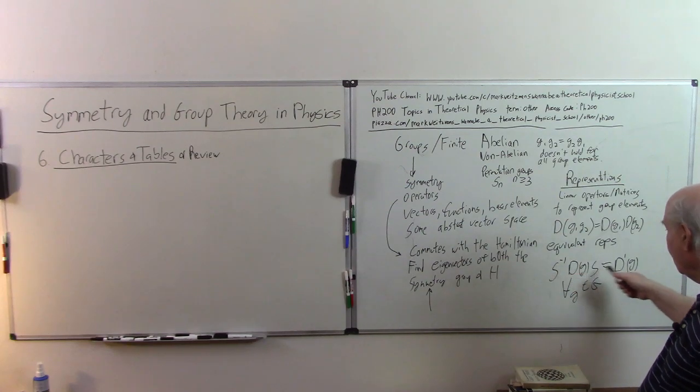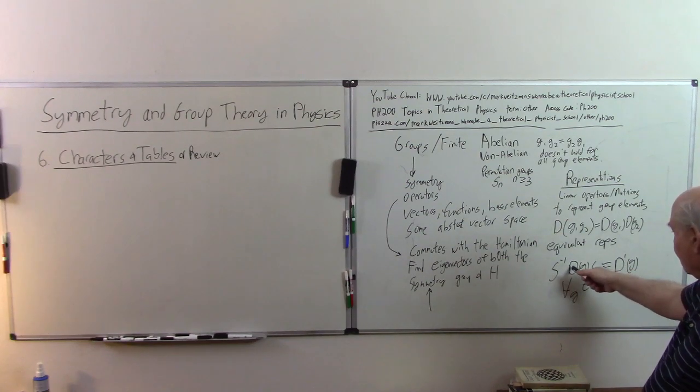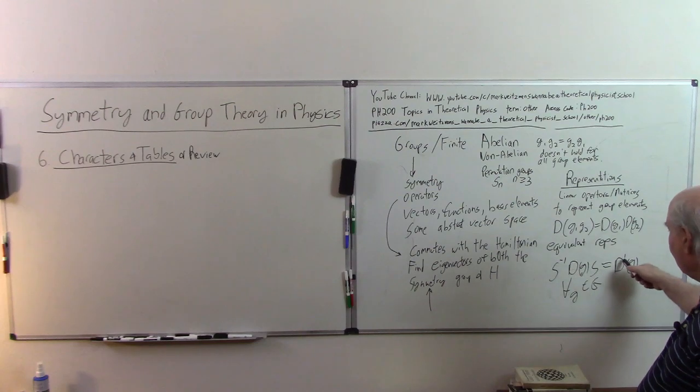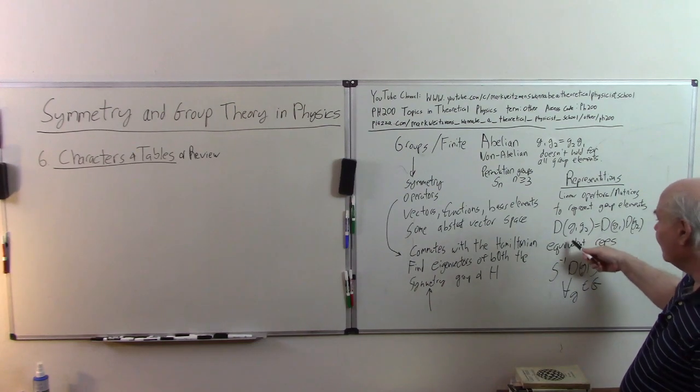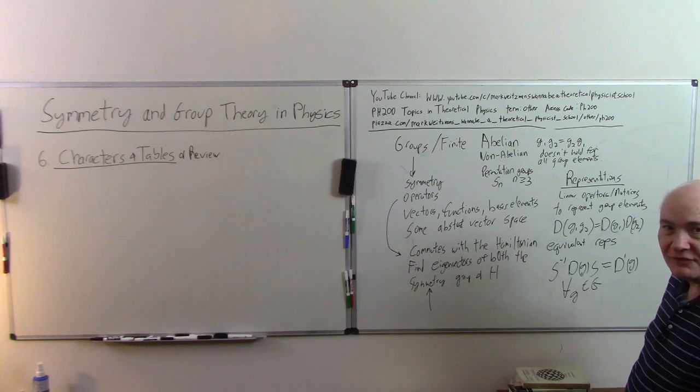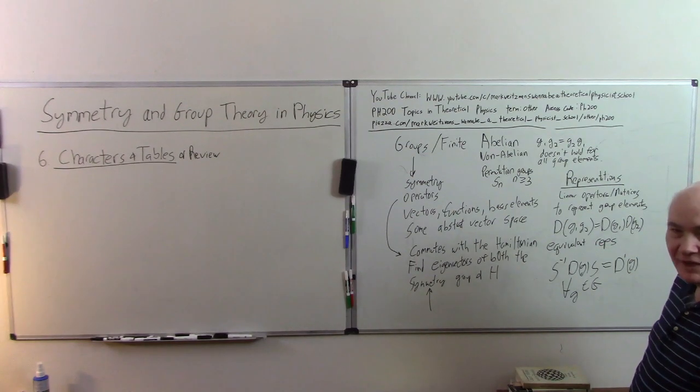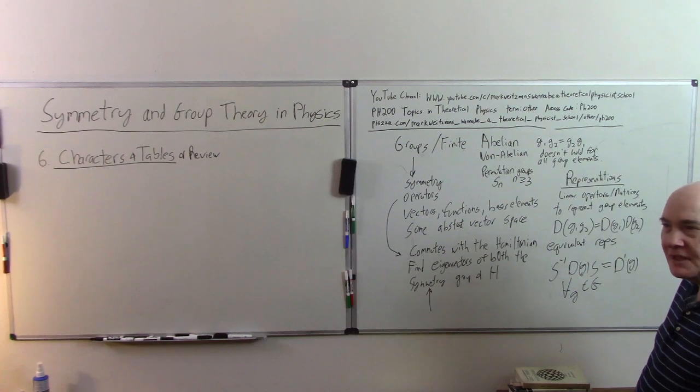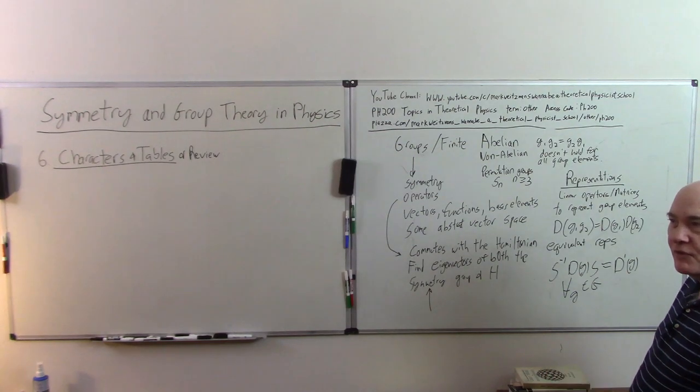If D is a representation, it's obvious D' is a representation. These kinds of representations are called equivalent representations. They're different names for the same things. The matrices look better, but it's just like when you rotate coordinates and everything. They still represent the same rotation.